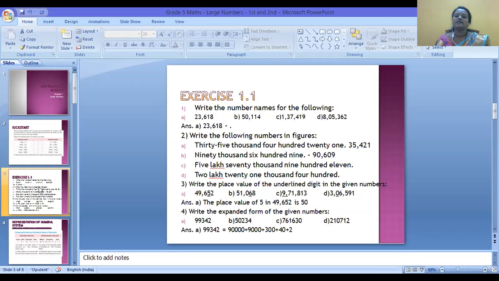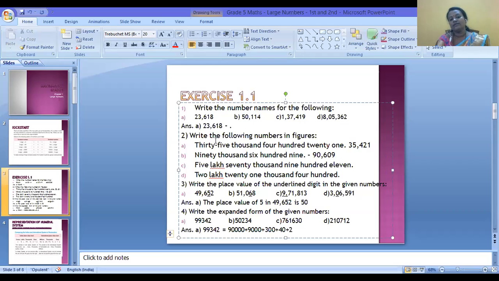So this is exercise 1.1, that is, write the number names for the following, where we have the first question, that is 23618. You can see how the commas have been helpful for us to differentiate them. So it would be 23,618, right?